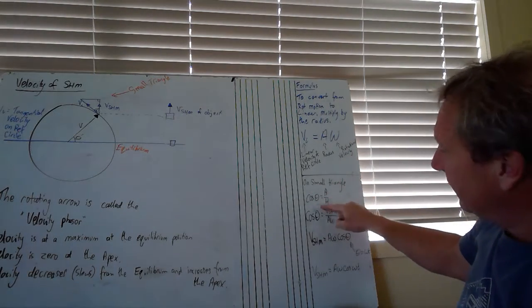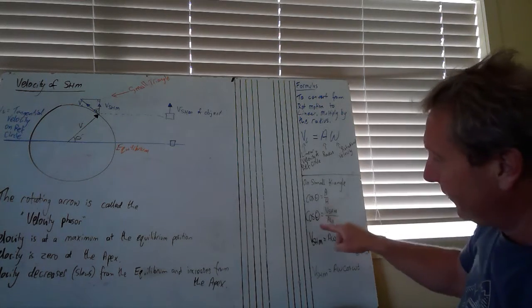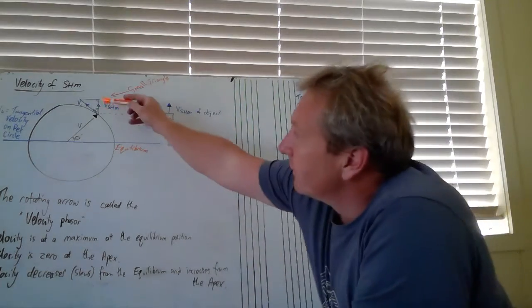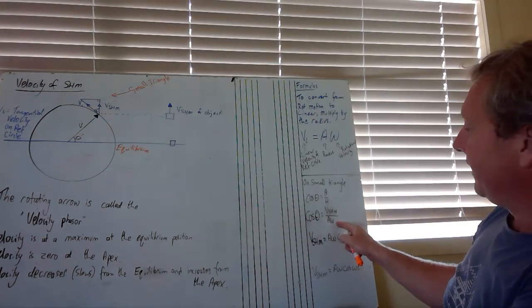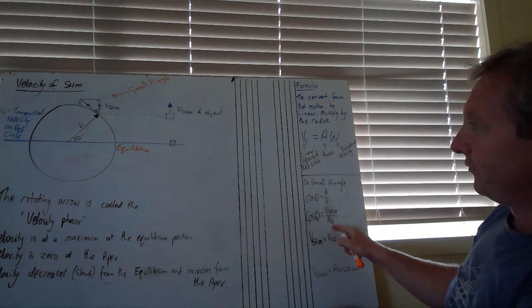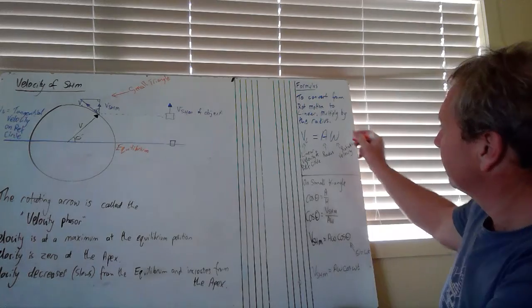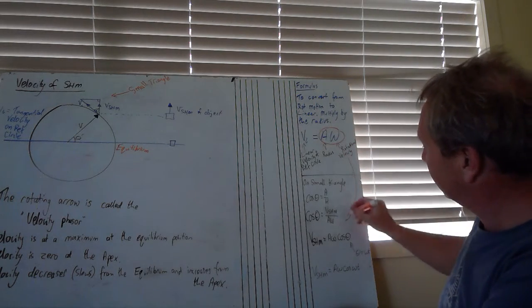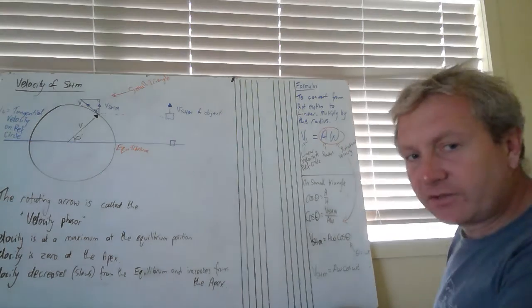If you look at the small triangle now, cos theta equals the adjacent over the hypotenuse. So cos theta is the velocity of simple harmonic motion, that's the vertical bit, divided by AW, which is the hypotenuse. So VL has been replaced by that. All right, nothing difficult so far.